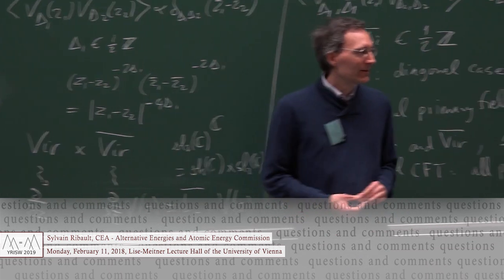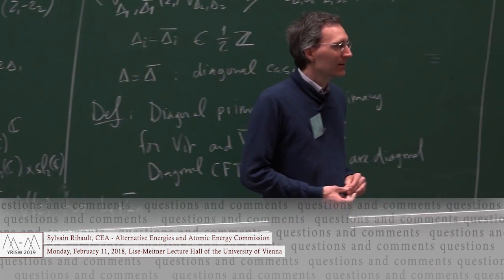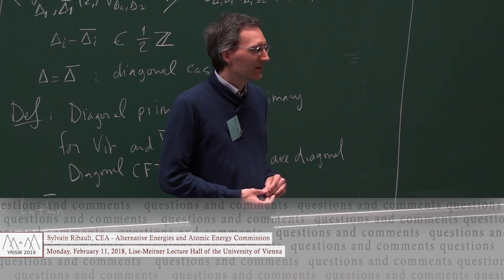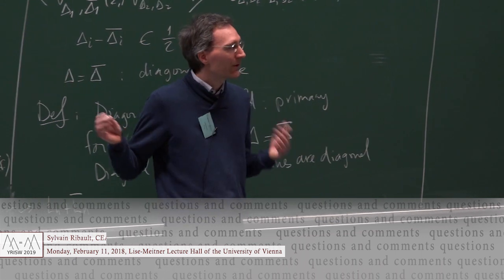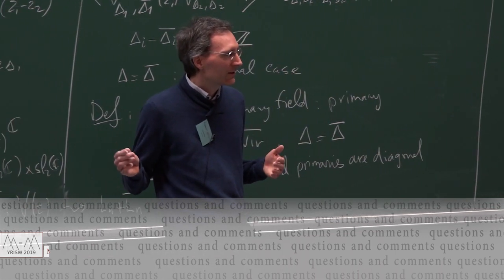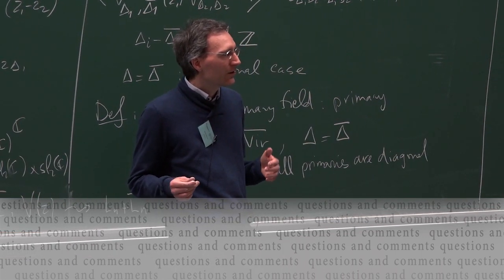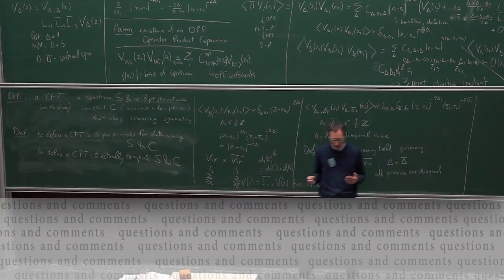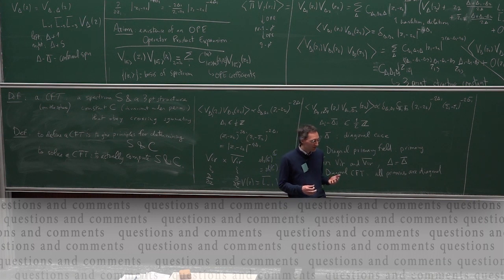I have a question. Yes? So in this definition, you don't include the central charge, right? Because you say you don't include the stress tensor in the spectrum. So your question is, what is the role of the central charge? Yes. No, so typically the central charge appears in the conformal blocks. Conformal blocks are functions of the central charge.